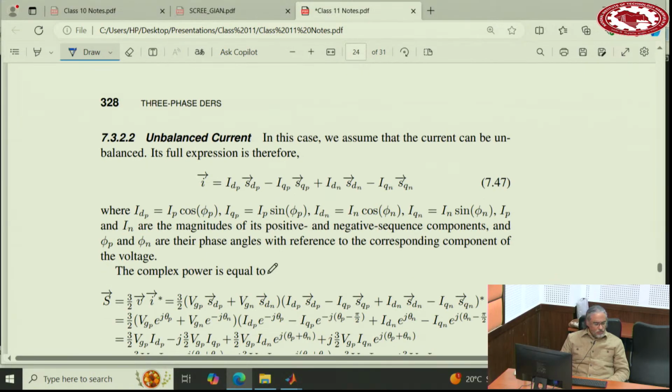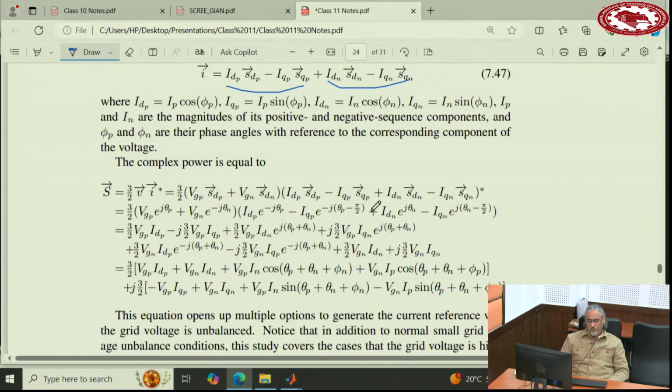If you want your converter to also feed unbalanced current to the system, then the current can be, this is the positive sequence part, and this is the negative sequence part. Now, if you calculate the power, this expression is a little big, but finally you will see that real power will have, again, a DC and a pulsation, and reactive power also a DC and a pulsation.